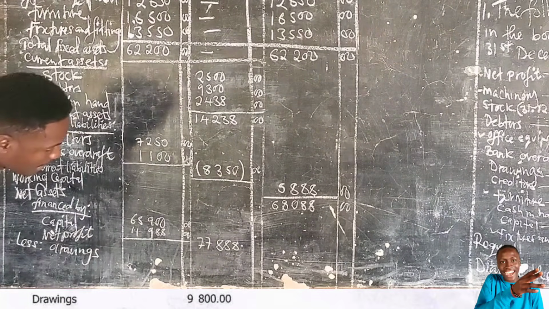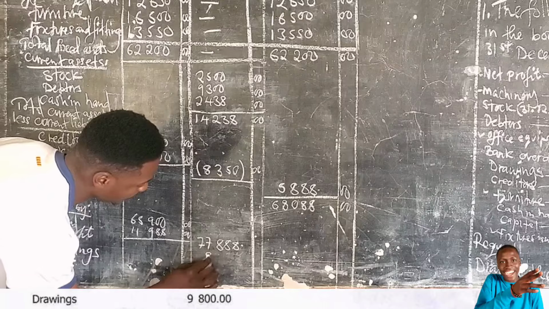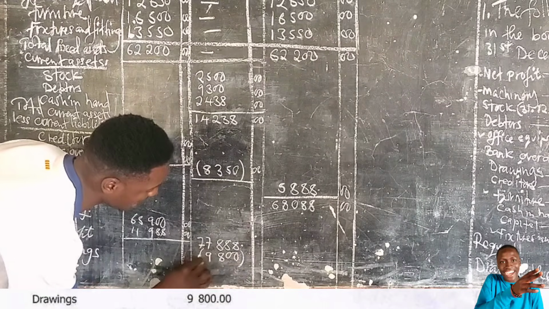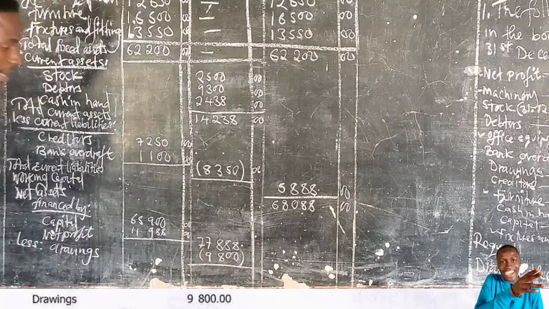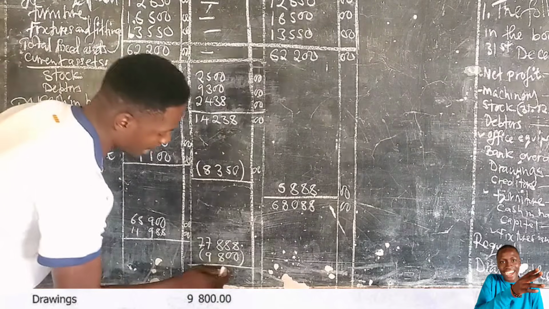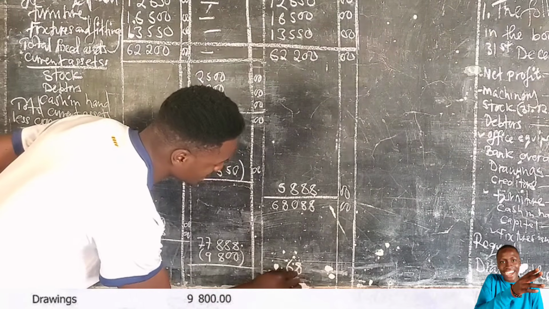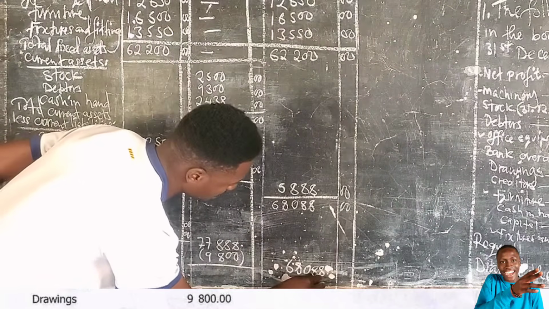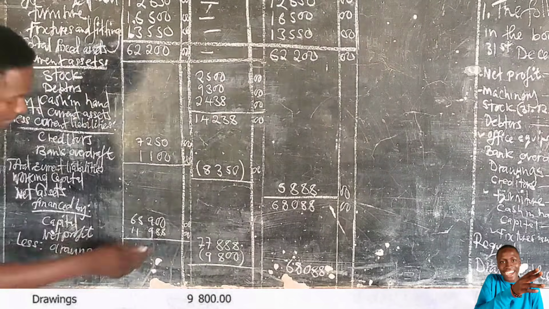We're subtracting, yes. After subtracting, what are we having? 68,088.